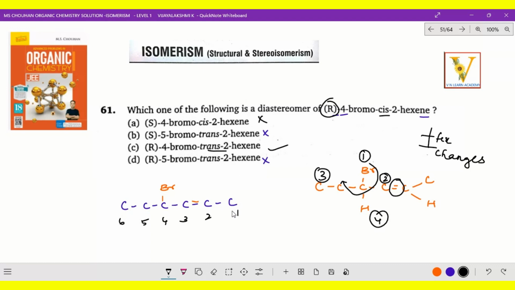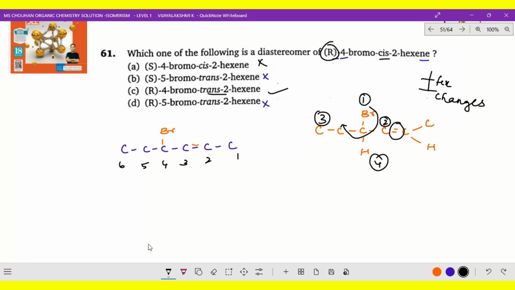Come on, how to write this structural formula? Yes, come on, let us check. C double bond C, here one hydrogen, and here one hydrogen, and here one CH3. I just put CH3 only. Here CH, CH2, CH3. Here we can insert bromine.